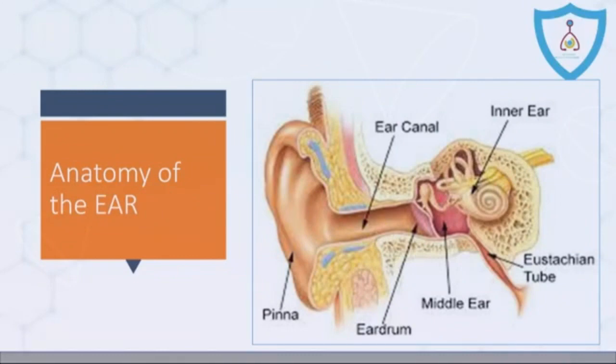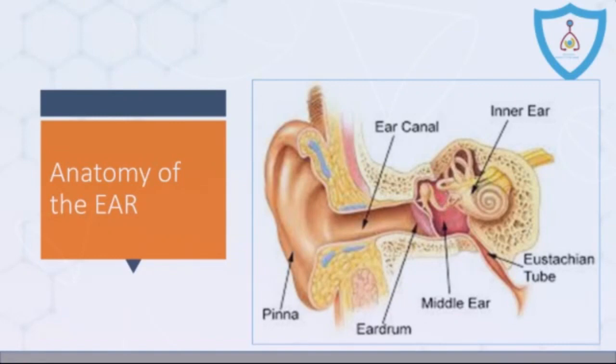And of course, this is the external part of the ear. Many people, when they say ear, actually they refer to this external part, but this is just a portion of the ear, but a really huge part of the ear actually remains inside the body, inside actually the petrous portion of the temporal bone. That is where the ear is.